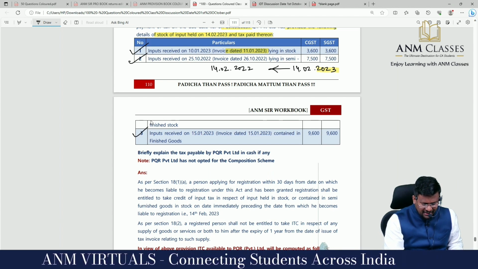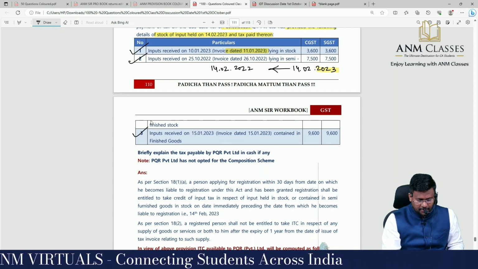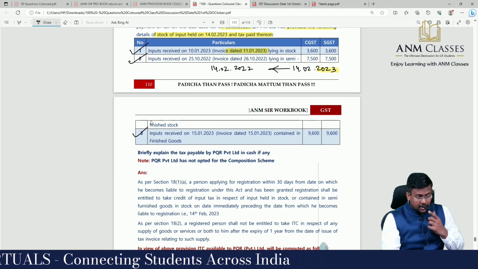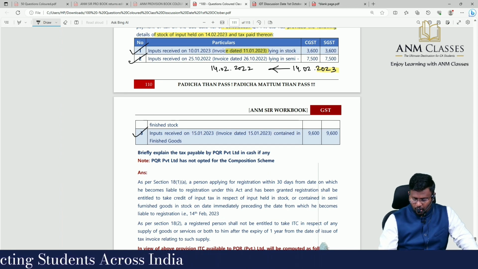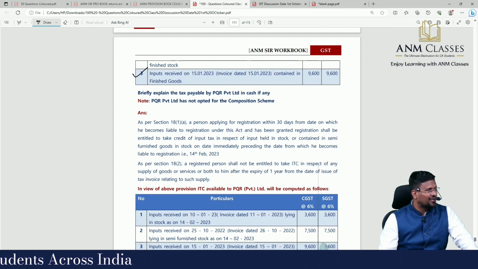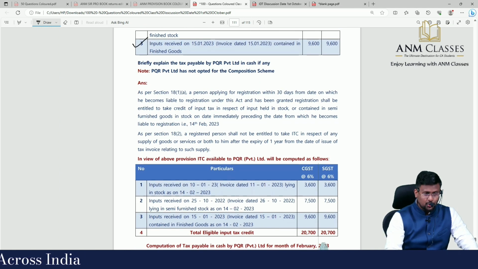Briefly explain the tax payable by PQR Private Limited in cash. If any, PQR Private Limited has not opted for the composition scheme. If they opted for the composition scheme, they are not entitled to ITC. So this is the full story I would have written.